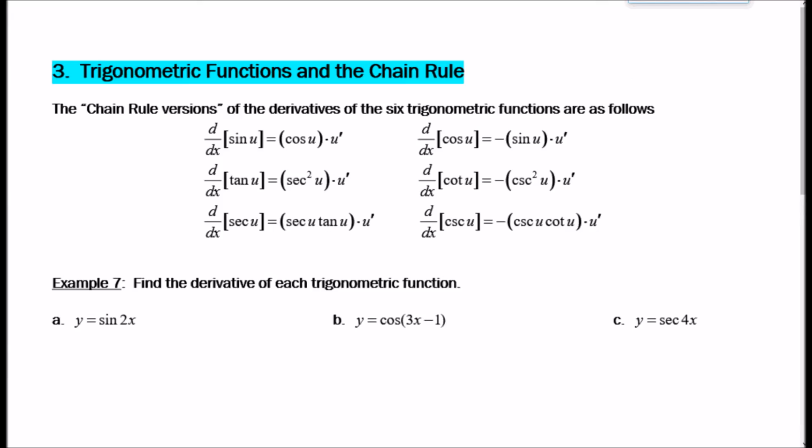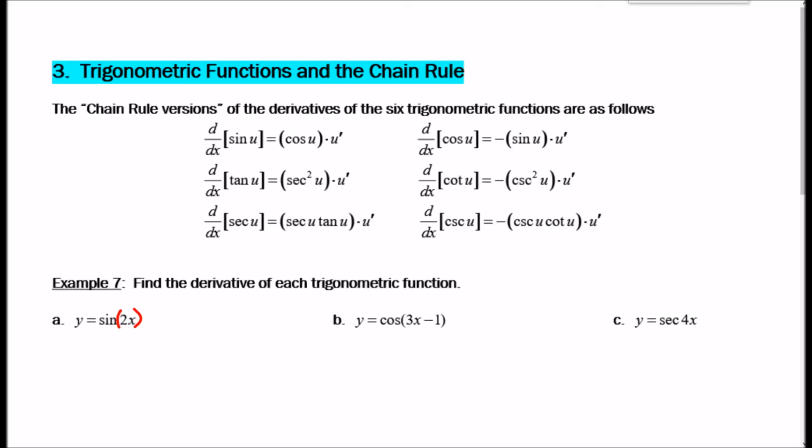Now we're going to take a look at the trigonometric functions and the chain rule. One of the most important things to do with the trig functions is to make sure you have your parentheses so that you can see the inner functions and the outer functions. Let's look at example 7a, and we're going to take the sine of (2x) and put parentheses around the 2x to let ourselves know that the inner function is a linear function 2x, and my outer function is a trigonometric function, the sine of blah.